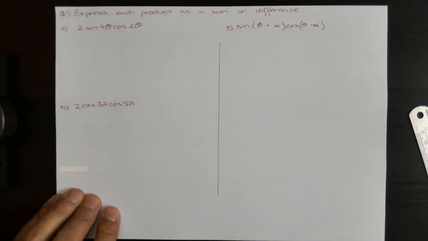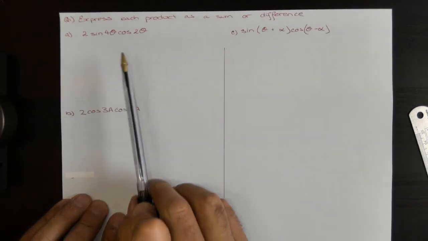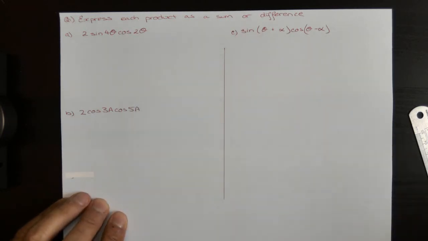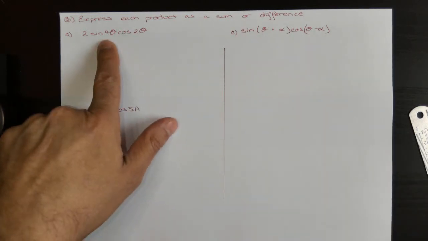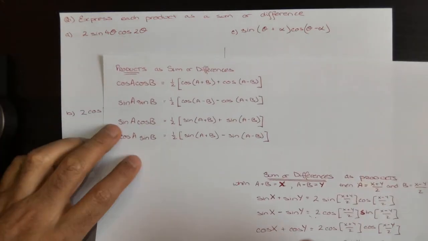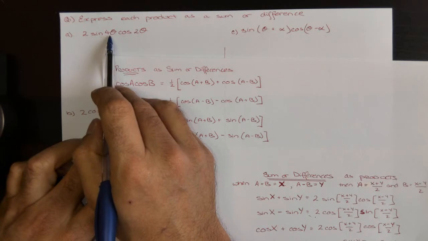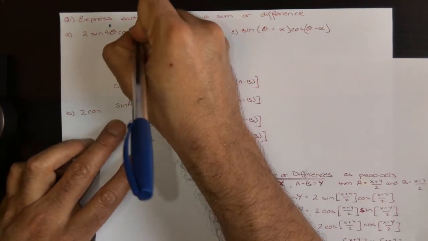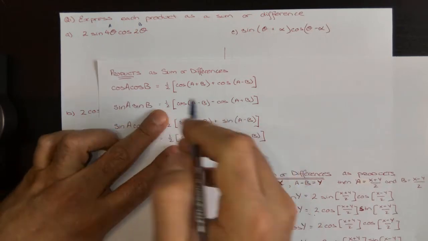If we want to express each product as a sum or difference, we've got sine of 4 theta cos 2 theta. So that is a product. So we're going to let that be A, and let that be B. So we get this one.